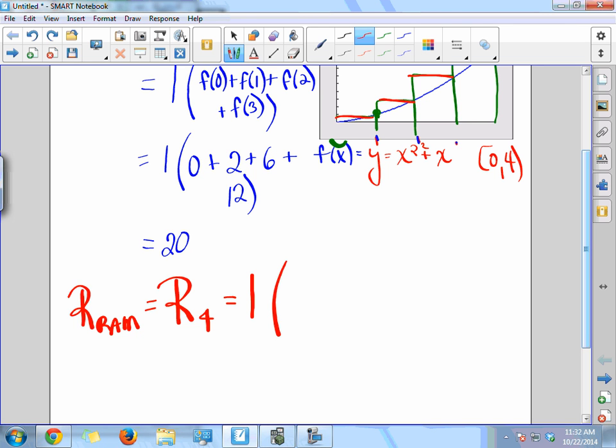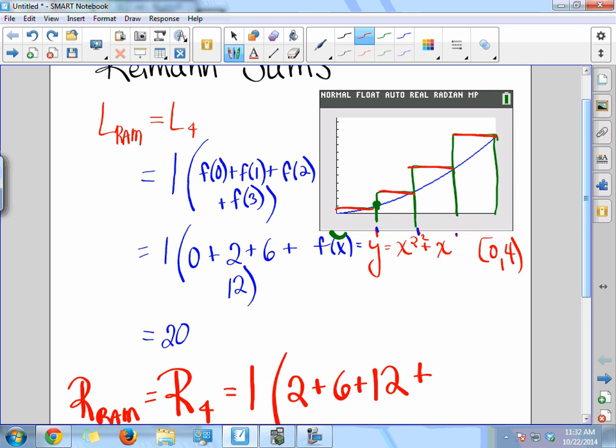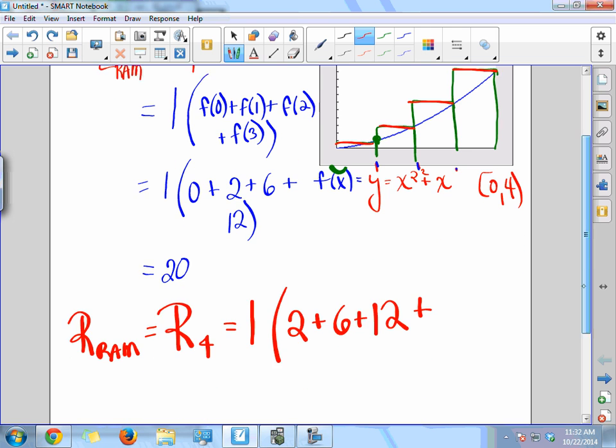So remember, the height of my first one is my function evaluated at 1, and that's going to be 2. The height of the next one is the function evaluated at 2, and that's going to be 6. The next one is the function evaluated at 3, and that's going to be 12. And then the last one is the function evaluated at 4, so that'd be 4 squared plus 4, which is 20.